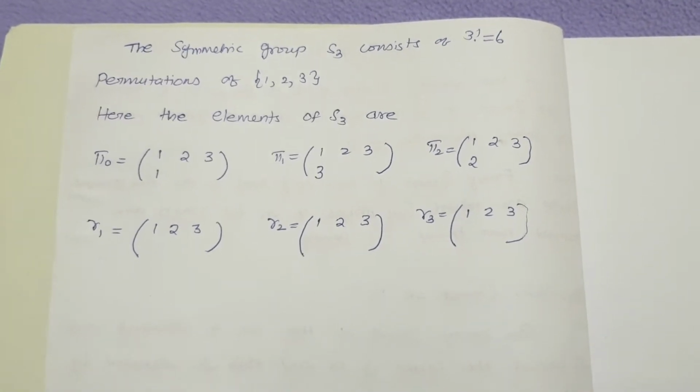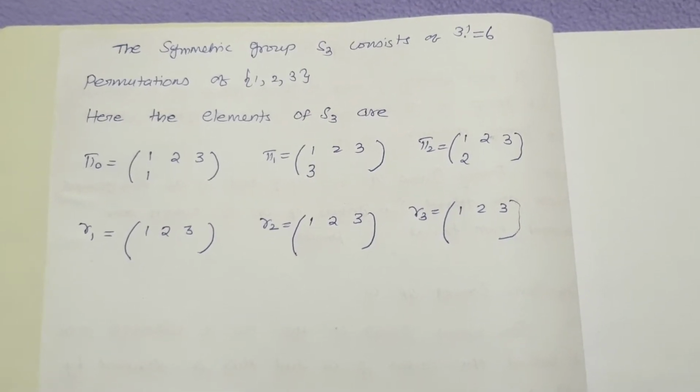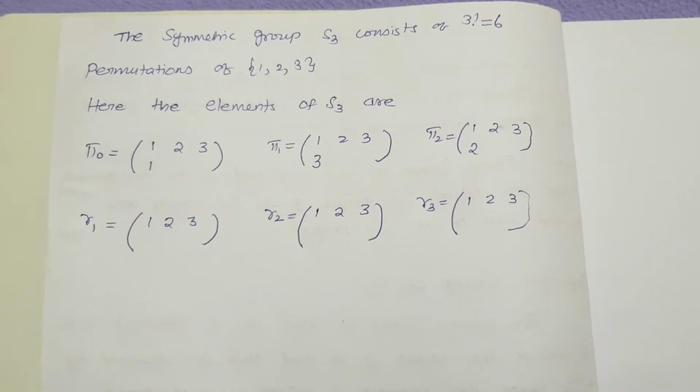The symmetric group S3 consists of 3 factorial, that is 6, permutations of the set 1, 2, 3.